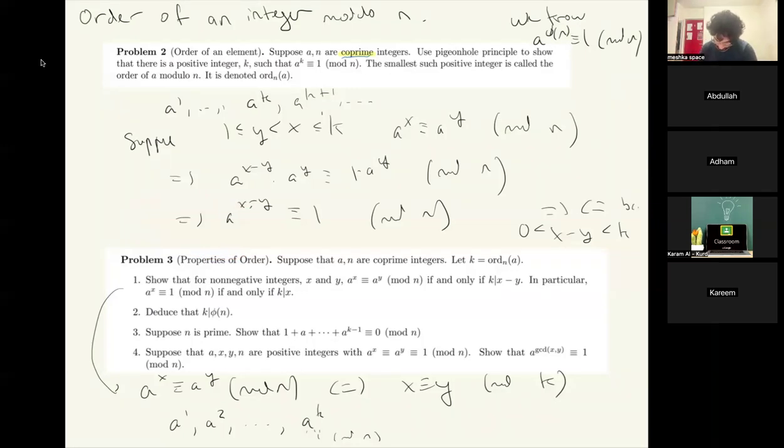Let's take an example. Let's take mod 6, and now let's take powers of 2. So we have 2, 4, and then 8. Maybe I picked a bad example. Let's not use that.